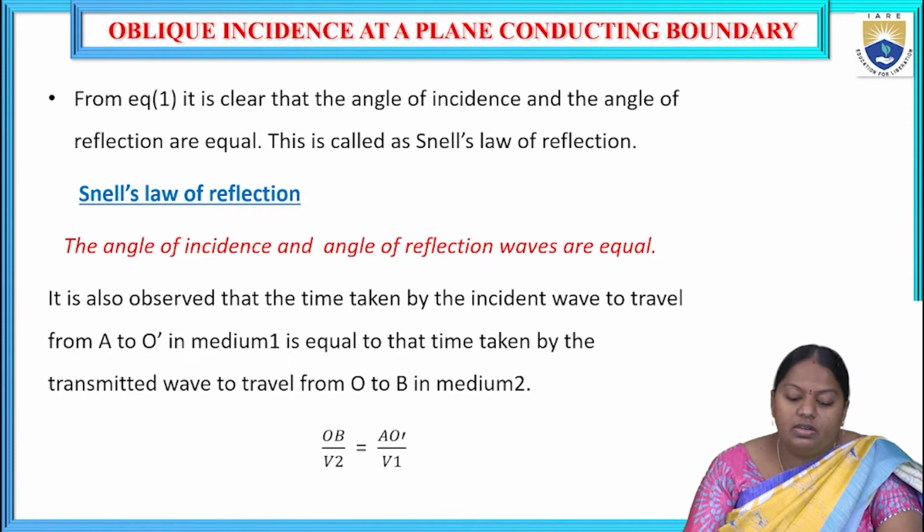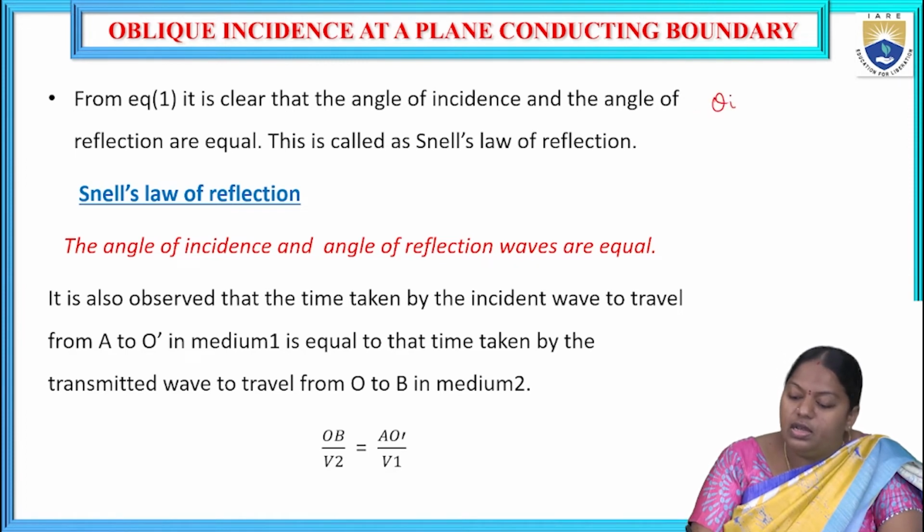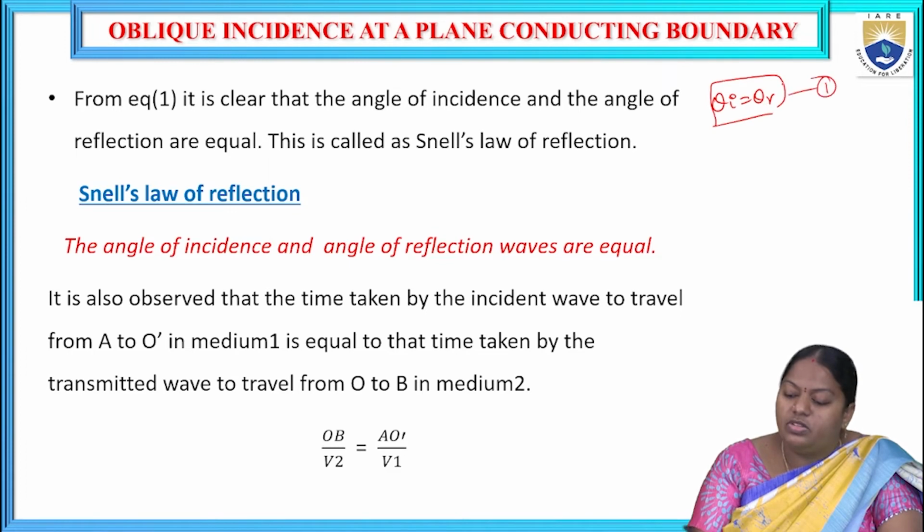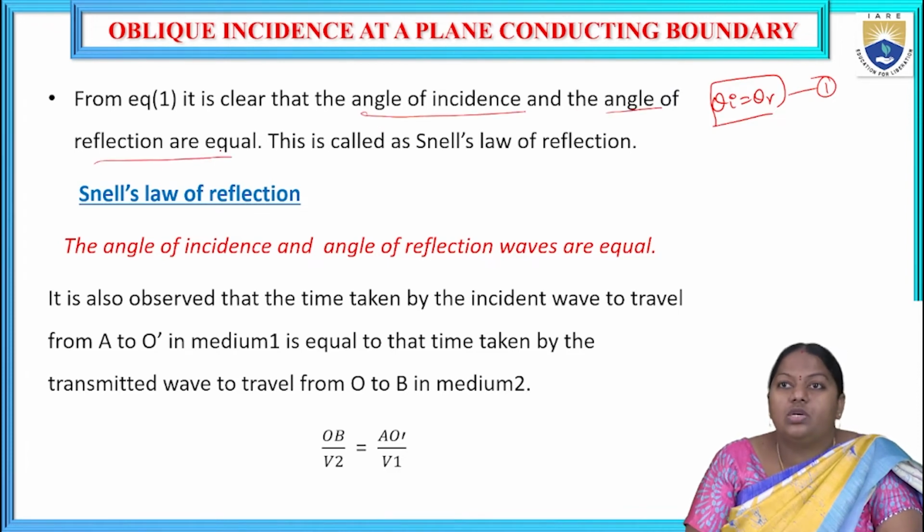So from equation 1, what is that equation 1? Theta I equal to theta r, let it be equation number 1. So from equation 1, it is clear that the angle of incidence and the angle of reflection are equal. Angle of incidence is represented with theta I and the reflected wave is represented with theta r.